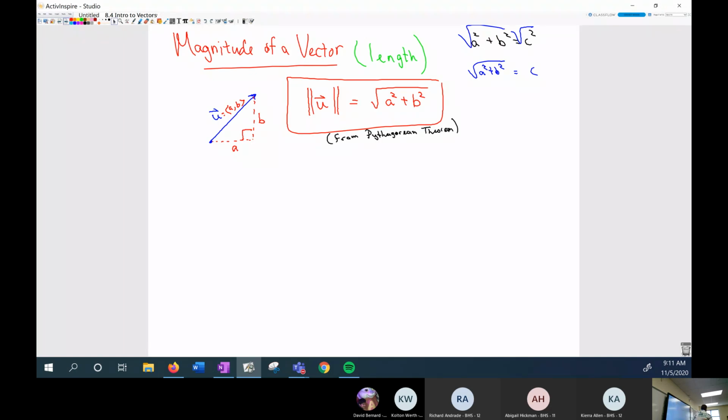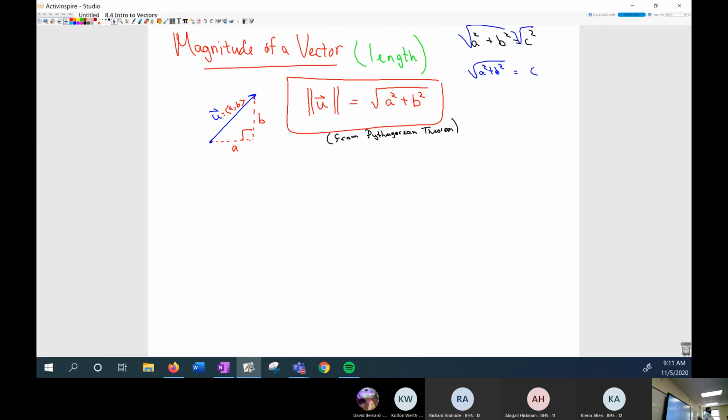We also talked about magnitude. Magnitude, I think it was the 3rd video you have to watch. Magnitude is just Pythagorean theorem. The important thing to note is you see those double bars.